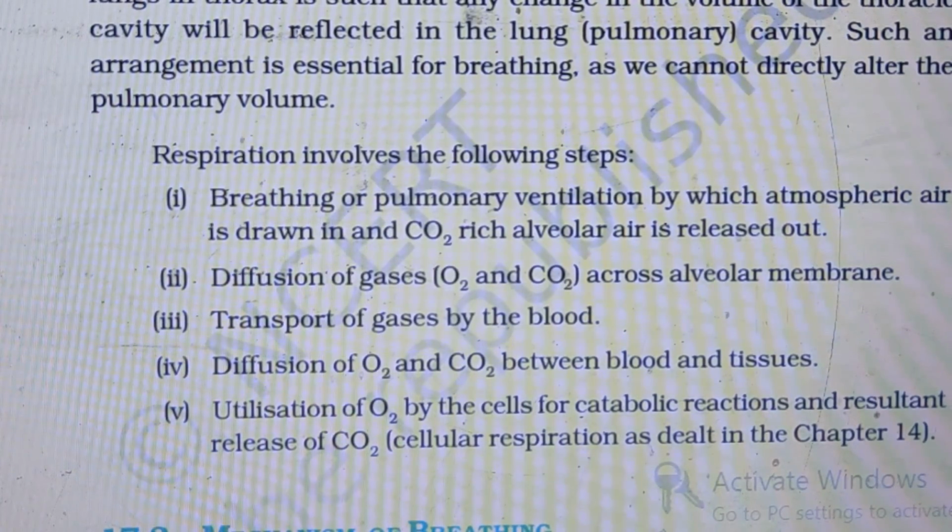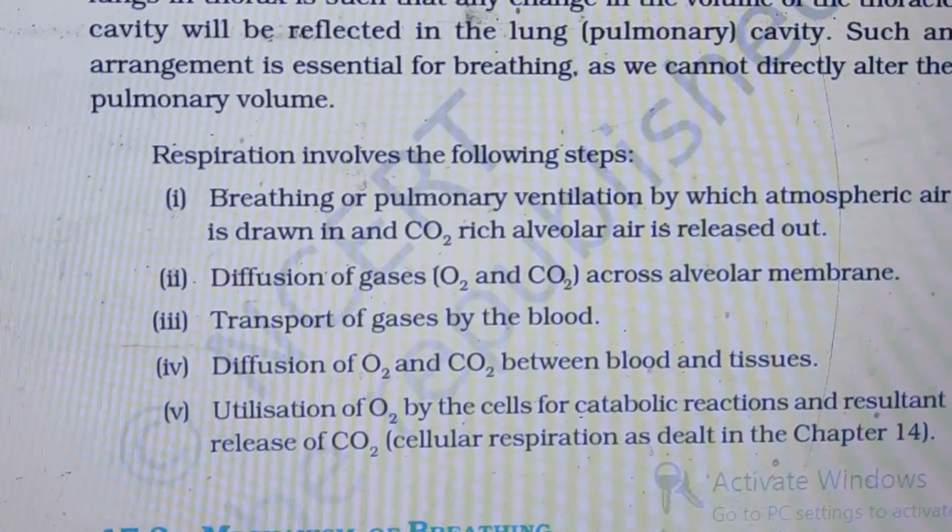Step 2 is diffusion of gases O2 and CO2 across the alveolar membrane. Step 3 is transport of gases by blood. Step 4 is diffusion of O2 and CO2 between blood and tissues. Step 5 is utilization of O2 by cells for catabolic reactions and the resultant release of CO2.